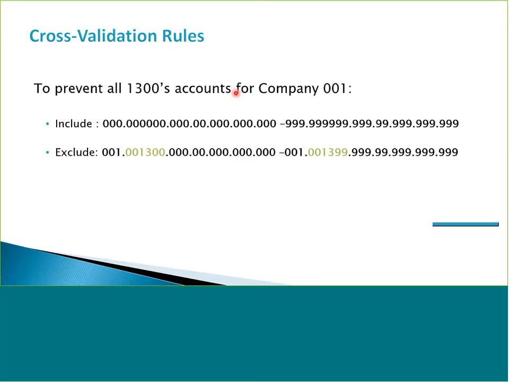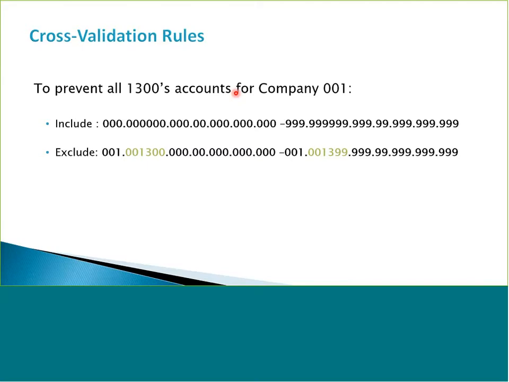Now let's look at examples of cross-validation rules so that we can understand what we mean when we say that they are entered as inclusion and exclusion ranges. So these are examples that we are going to use for our actual ledger. And I have, I think, 4 examples that hopefully are going to help us understand this concept of cross-validation rules.